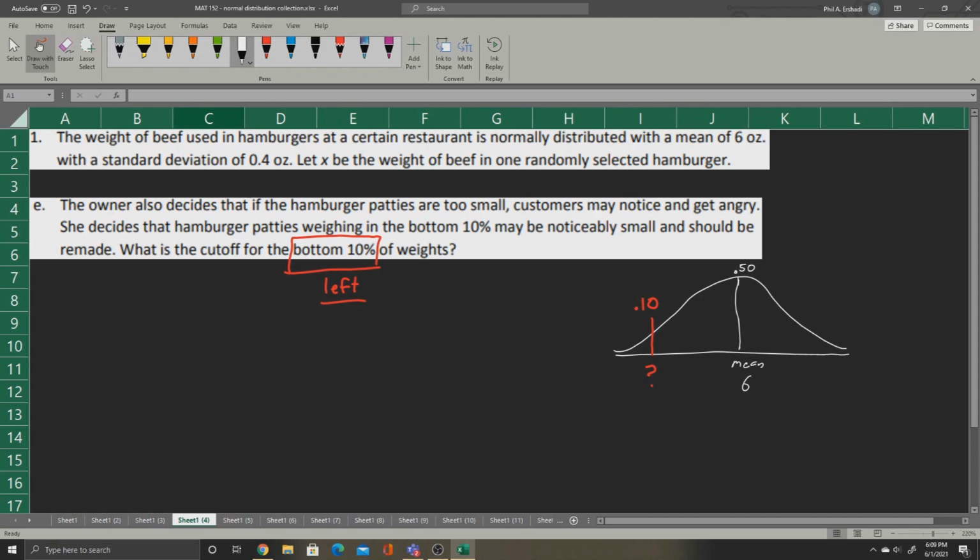Previously, we were given an X value and asked to find probability. And to do this, we used Norm.dist. In this case, we don't know the X value, but we do know the probability.